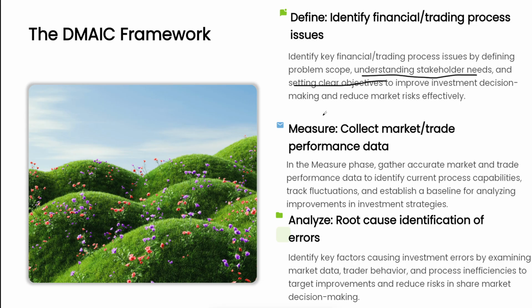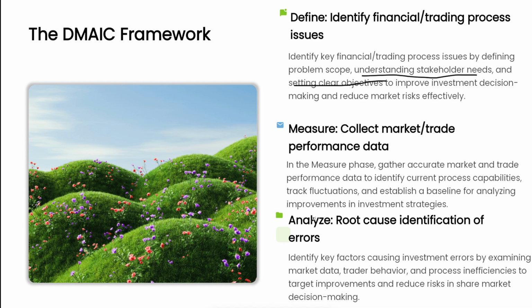When we're in the share market, we need to collect our data and performance. We have to jot down all our trades which have gone right and also those which have gone wrong. Right trades, yes, we can write, but what went wrong we also want to keep. Once we have the data, we can take it forward. Then the third pillar, analyze. We have to find the root cause of the error.